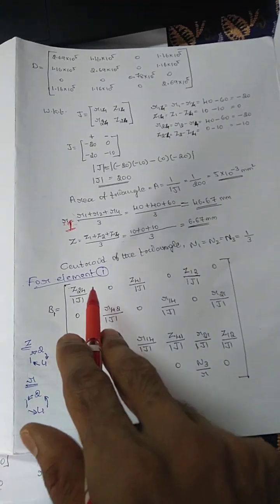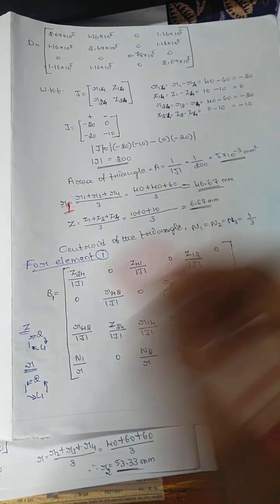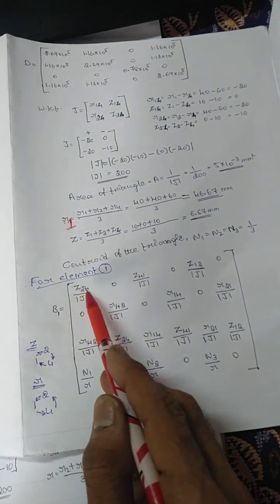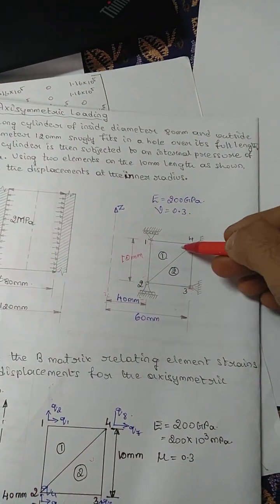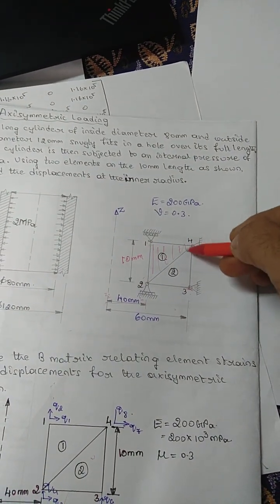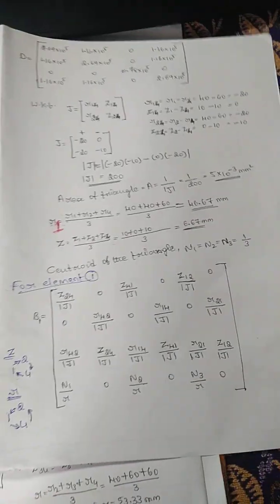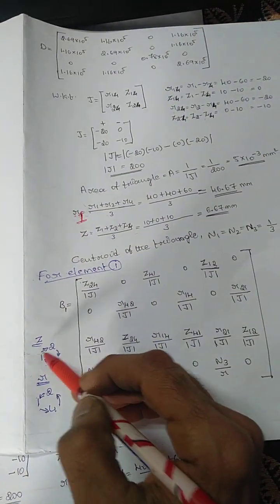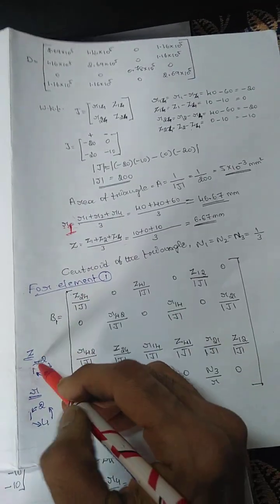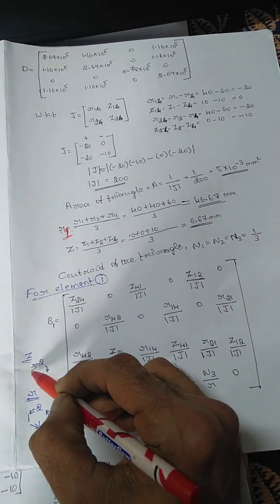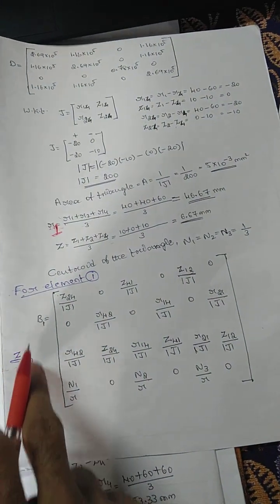Look at this matrix. Here, how this 2 4 4 1 Z1 2 comes means, now we are considering this portion 1 2 4, element 1. So remember that for 1 2 4, and for Z, hold 1 constant, 2 into 4.